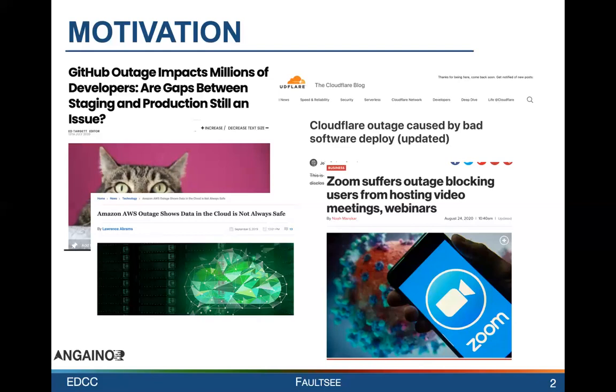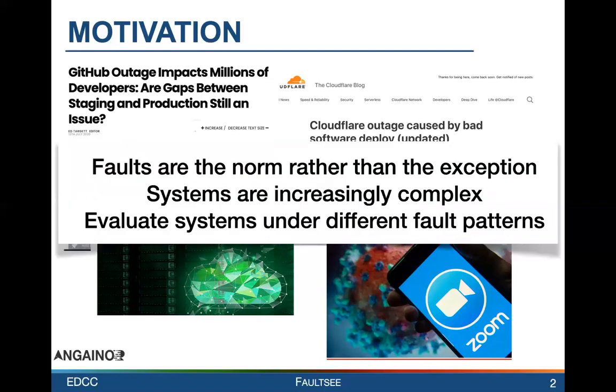And these outages have a big impact in our lives, our work. So these faults are highly undesirable, and they lead to system failures where we cannot access the service that we want to. And part of this stems from the fact that systems are getting increasingly complex, and therefore faults become the norm rather than the exception.